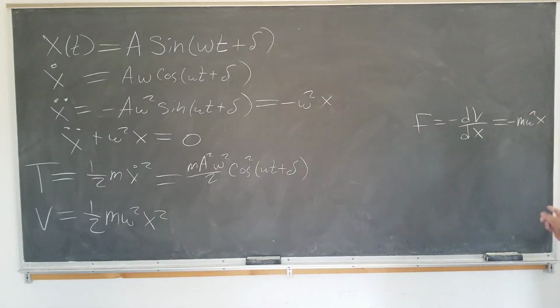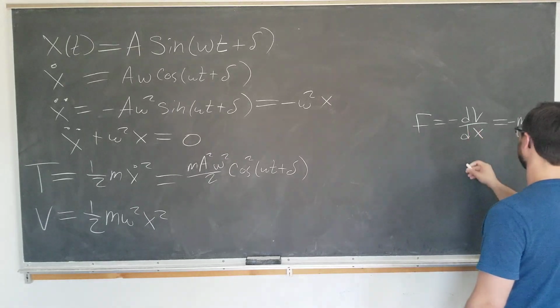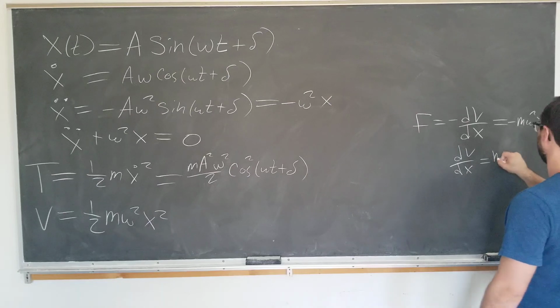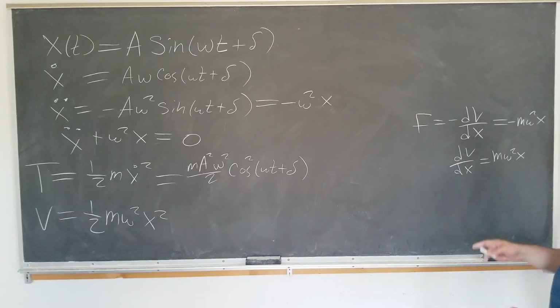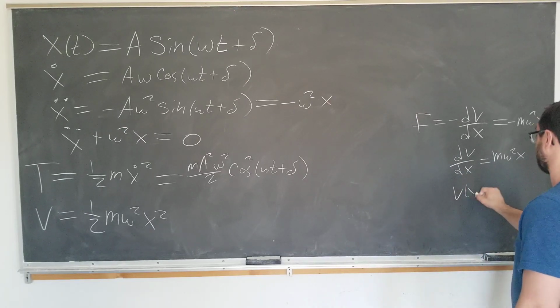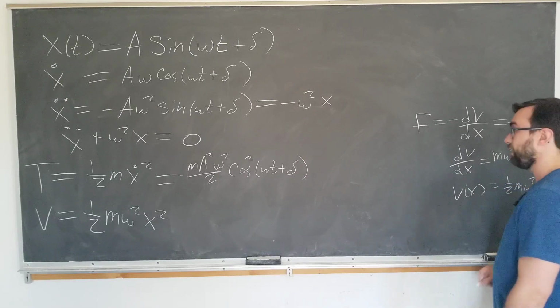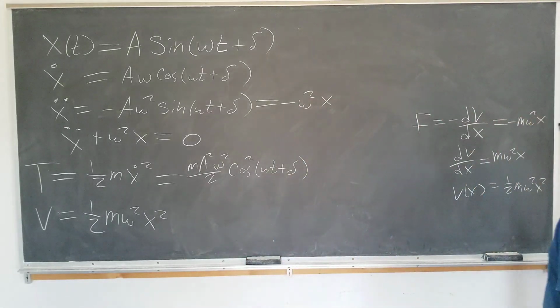So you integrate this equation, it should tell you, upon canceling the minus signs, dV by dx is equal to m omega squared x. And of course, we just integrate. We take the x to the 1 power, make it 2, and then the V of x is now 1/2 m omega squared x squared. So there. That's just a short derivation of why the potential should be the way it is.